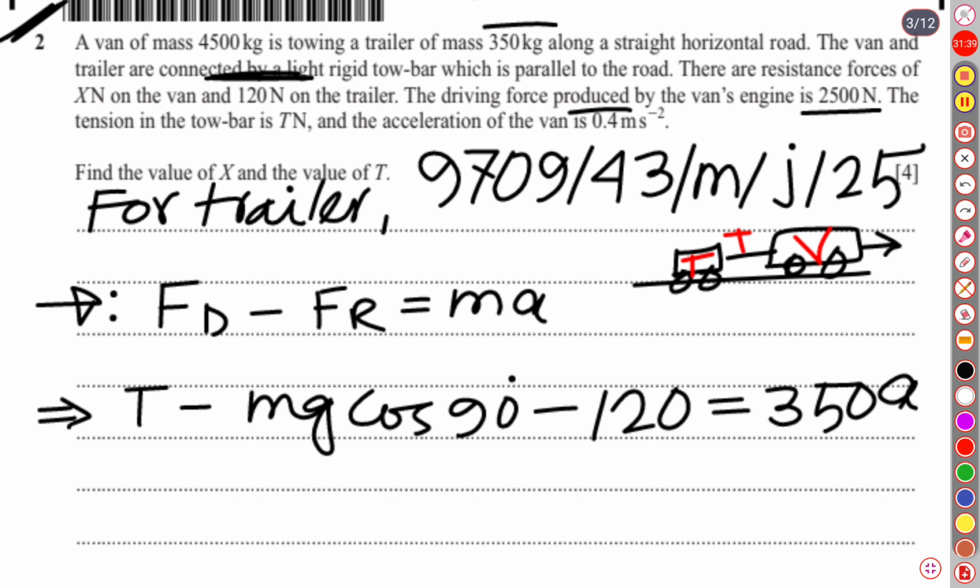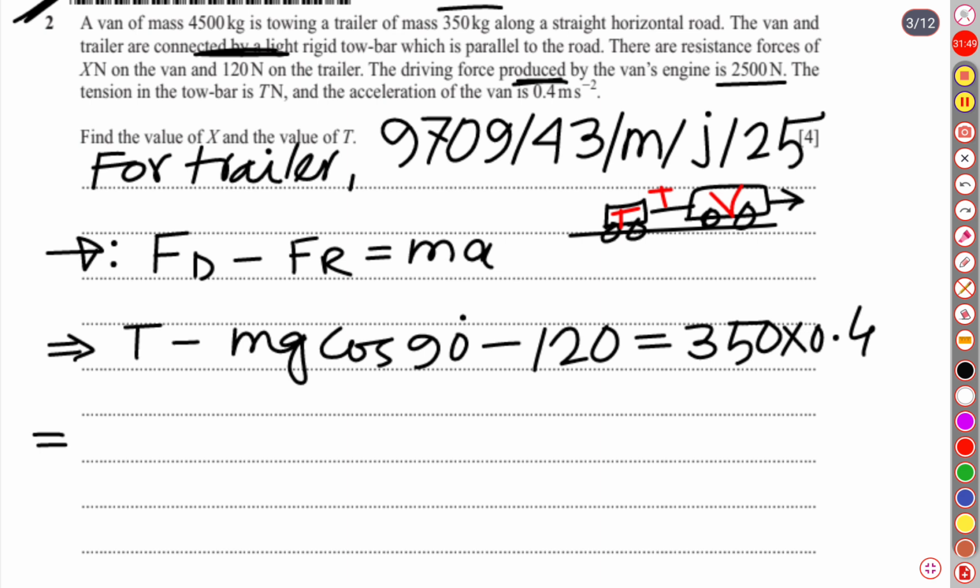Acceleration is also given, so we can substitute. Acceleration is given as 0.4, so we can write here 0.4. Then our tension is going to be, as cos 90 is 0, so weight doesn't have any force acting on this, so T is equal to 350 into 0.4 plus 120.